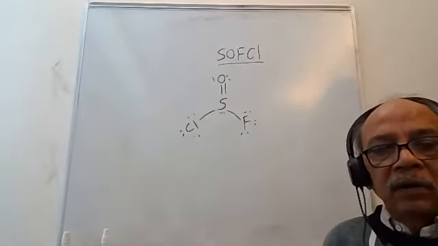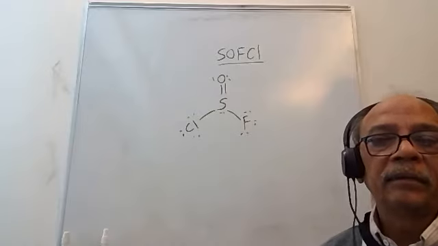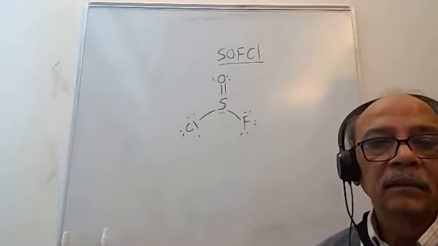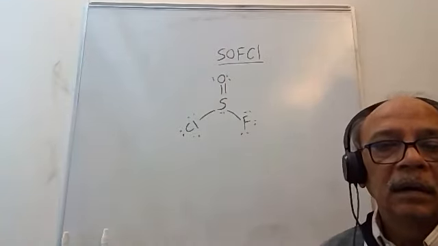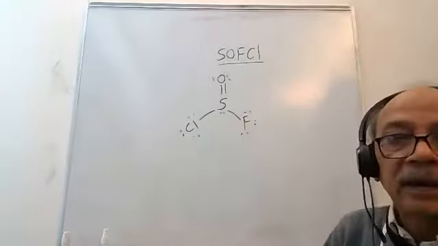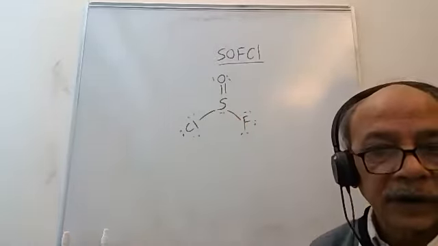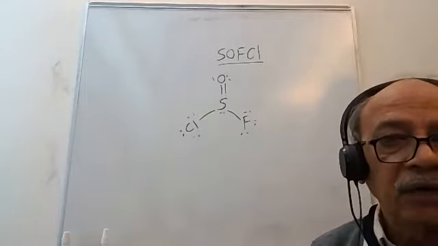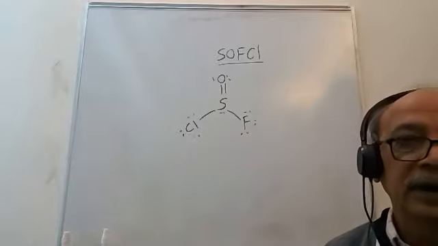So what should be the electronic geometry around sulfur? It's going to be tetrahedral and trigonal pyramidal. The electronic geometry is tetrahedral because there are 3 atoms and 1 lone pair. 3 plus 1 is 4. That's what the steric number of this central atom is. If the steric number of the central atom is 4, then it has to be sp3 hybridization.